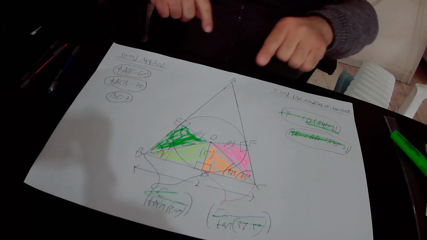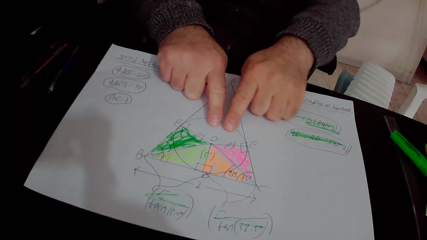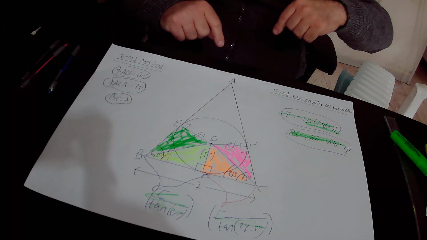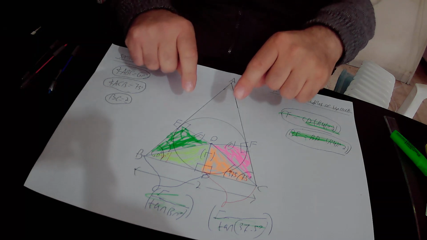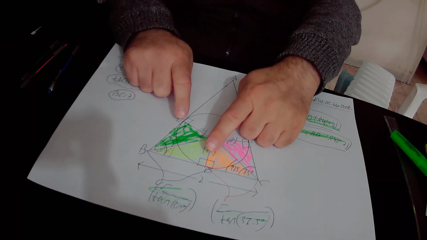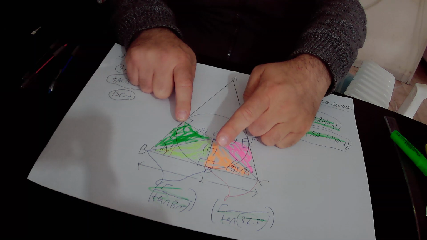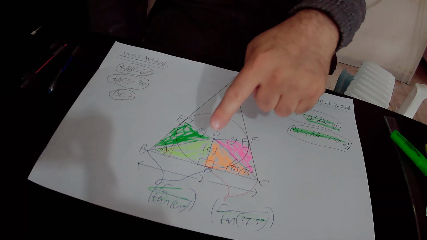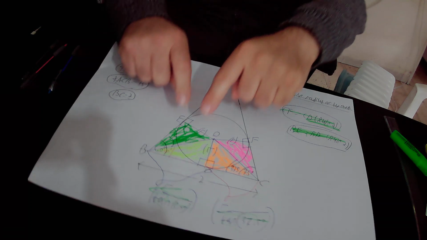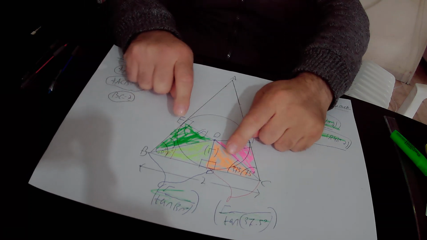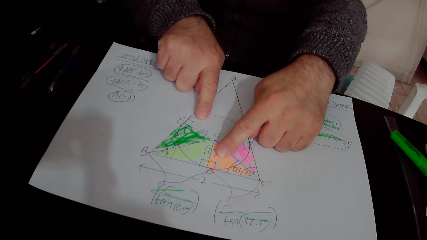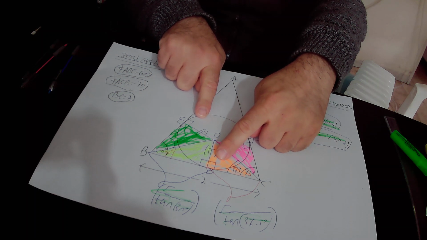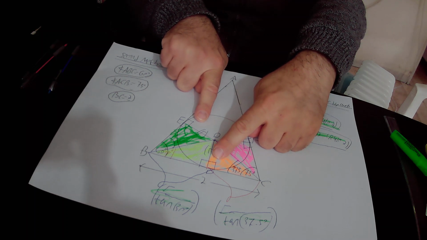Then we join points O and B together by a straight line, and we join points O and C together by a straight line. Here, we prove that the green triangle OEB is congruent to the yellow triangle OBD. Why are those two triangles congruent? First of all, those two sides are both radii of the circle, therefore they are equal to each other.